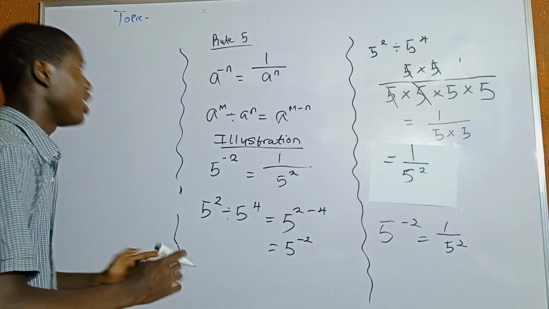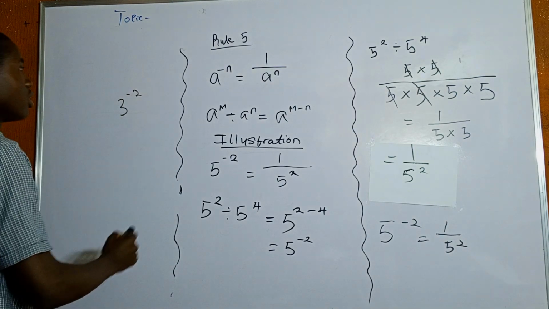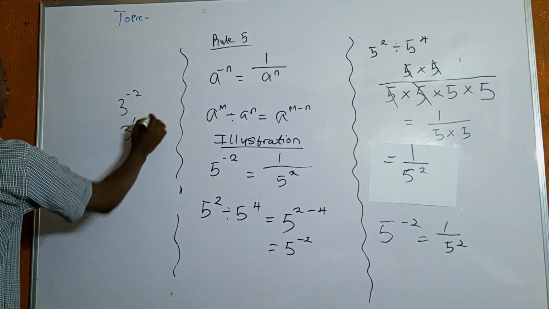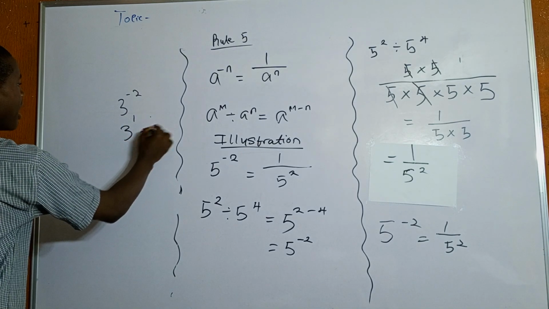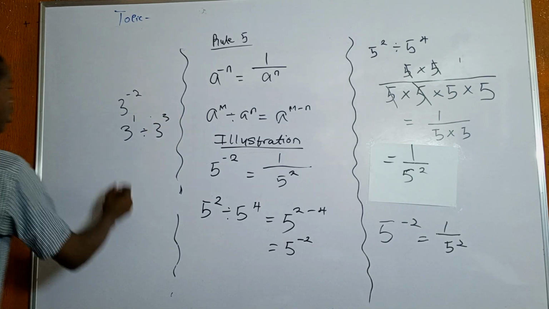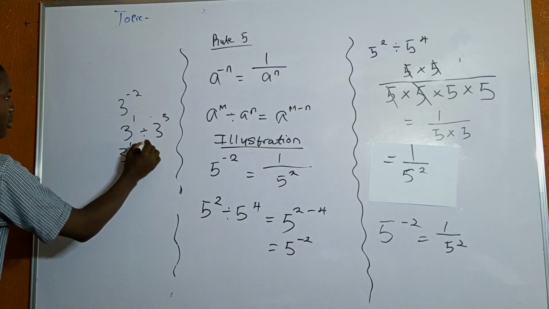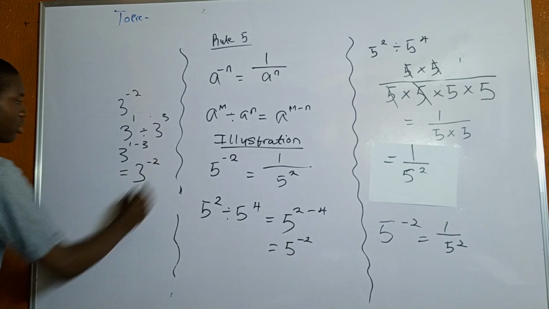Any value of a. If we are given 3 raised to the power minus 2, we can say 3 raised to the power 1 divided by 3 raised to the power 3, which will become 3 raised to the power 1 minus 3, which will be equal to 3 raised to the power minus 2.